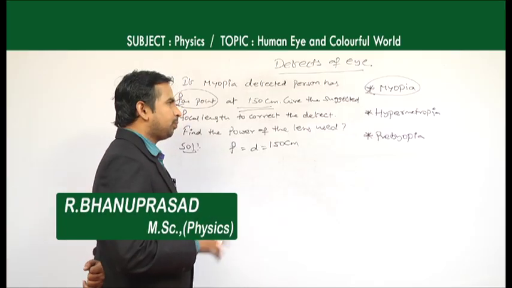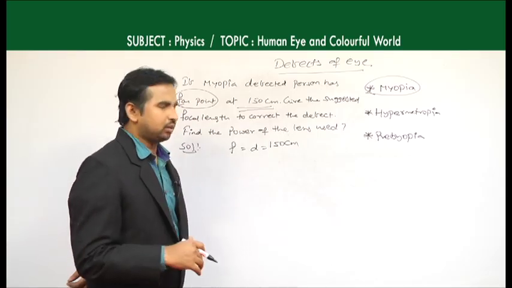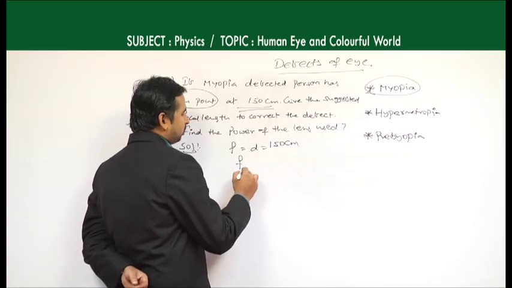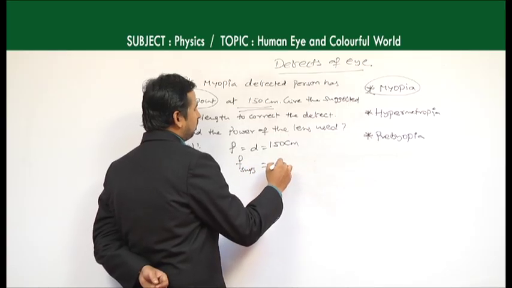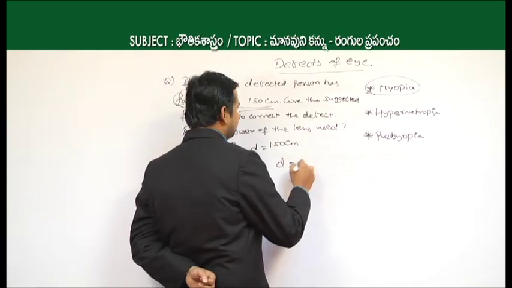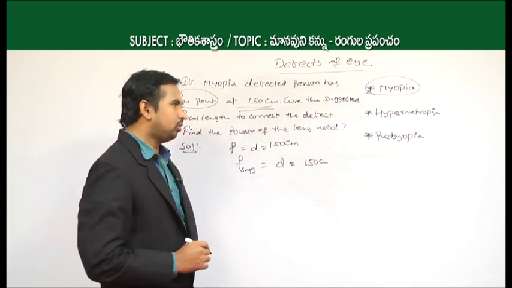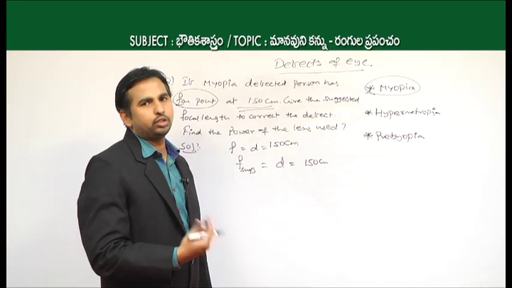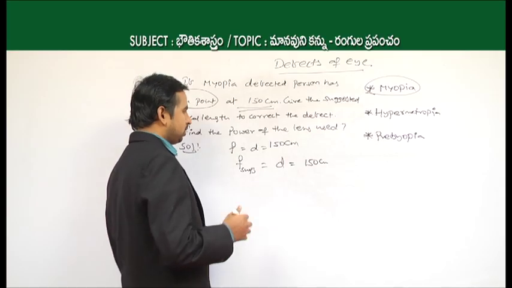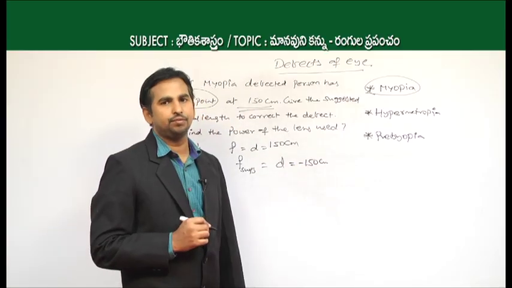We know that when the person is affected with myopia, the suggested focal length is equal to our far point distance. So, the suggested focal length is equal to the far point distance d, and that distance is given as 150 centimeters. But we know that we have to use a concave lens here. As it is a concave lens, the sign convention of the focal length is negative. That is why we are taking d is equal to minus 150 centimeters.